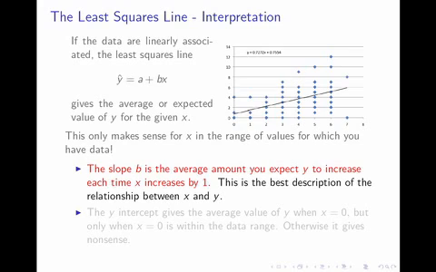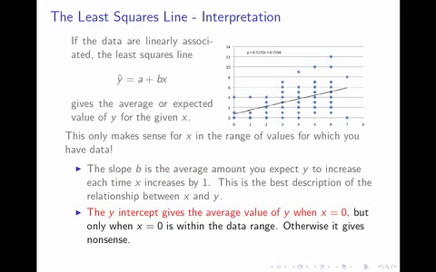So the first and most important is that the slope b is the average amount you expect the response variable y to increase each time the explanatory variable x increases by 1. This is, we'll see in examples, the best description of the relationship between x and y. Best way to summarize how x and y are related.